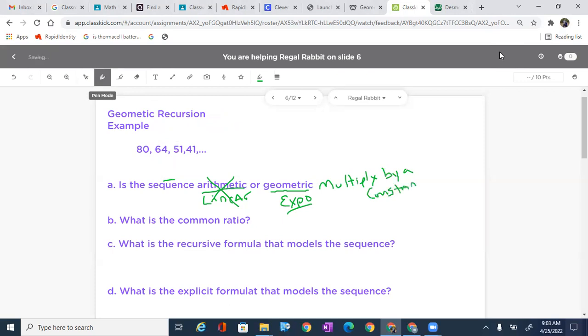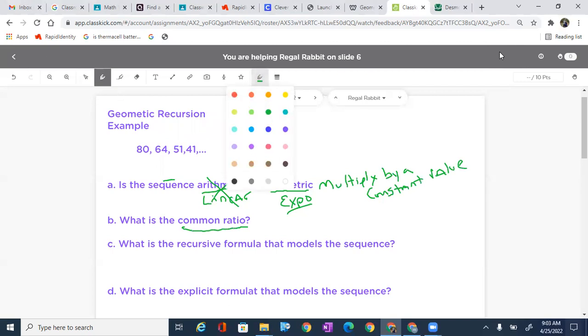So we have to find out what our multiplier is, and in this case, our multiplier is what we call a common ratio. How do we do that? We simply take the second term and divide it by the previous term, term 1.